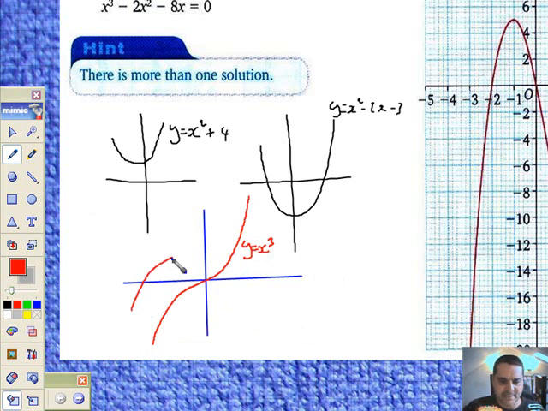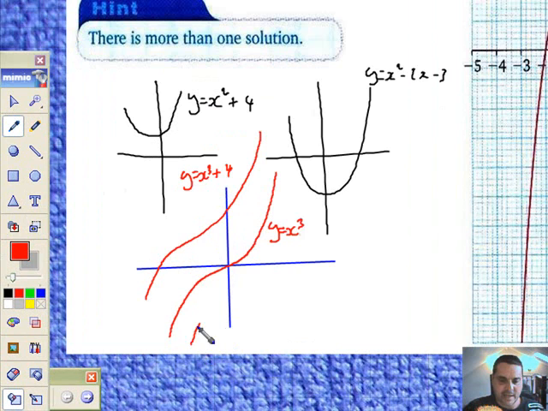A graph like this would be y equals x cubed plus whatever the y-intercept would be there, perhaps 4. And an x cubed graph that might cut the y-axis as follows might have an equation of y equals x cubed minus 6, for example.